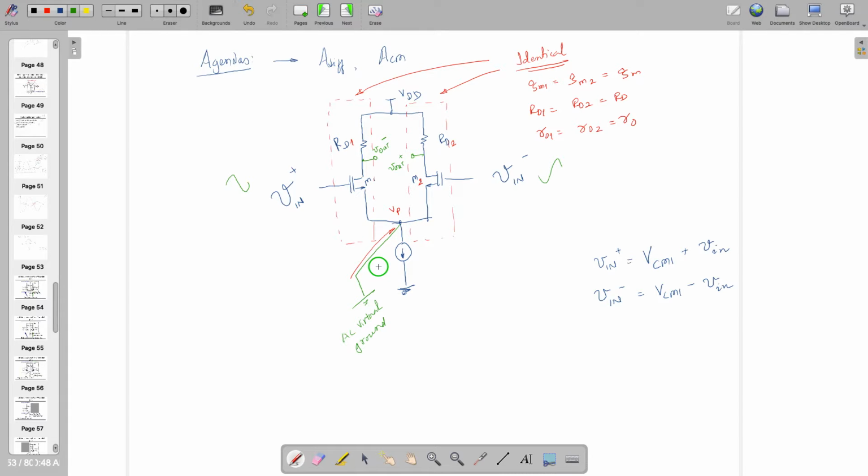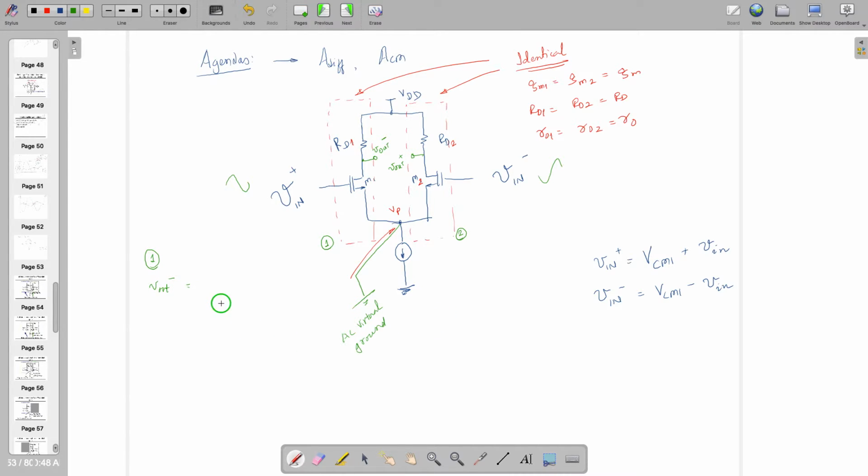And if this is happening, you can treat both the circuits as pseudo differential, or you can find out balance network 1 and balance network 2's V out in terms of V in, and you can write down the gain equation directly. So for balance network 1, let's find out V out minus in terms of V in plus.